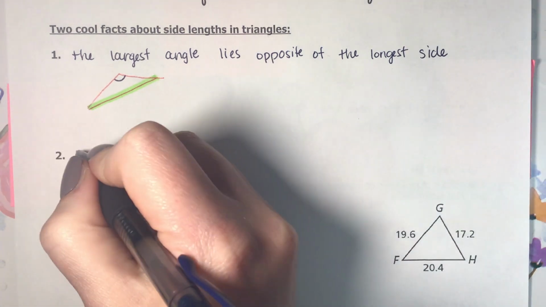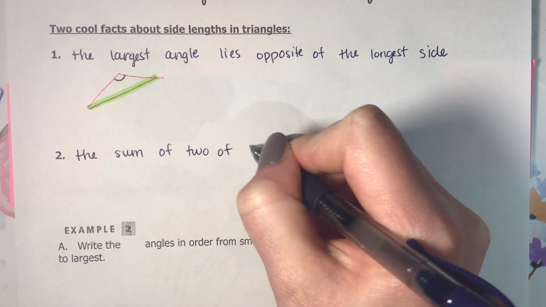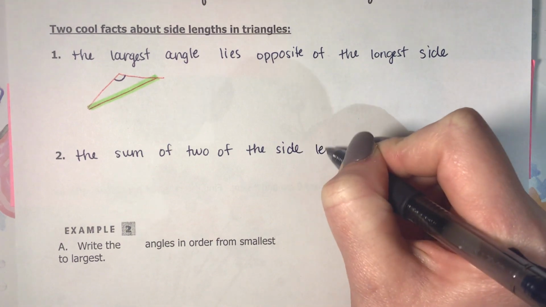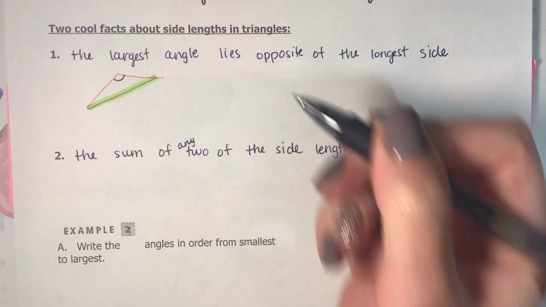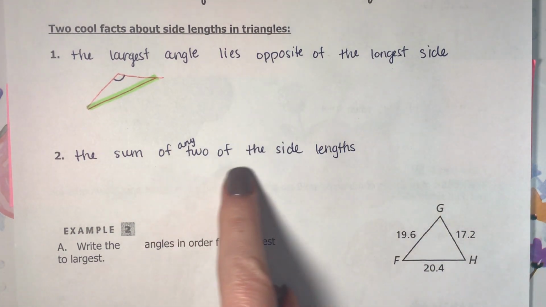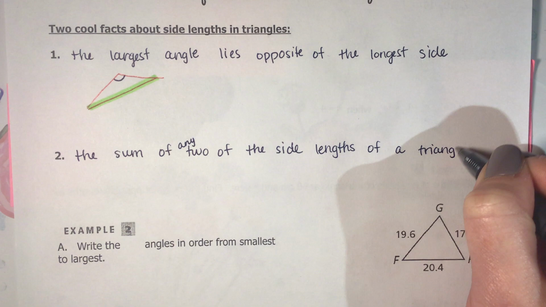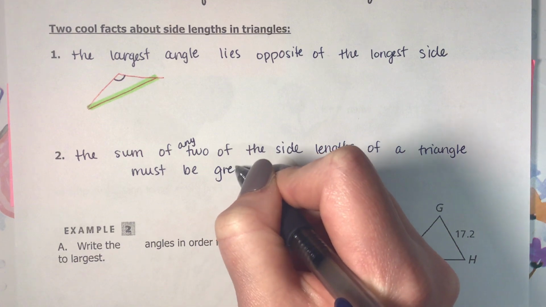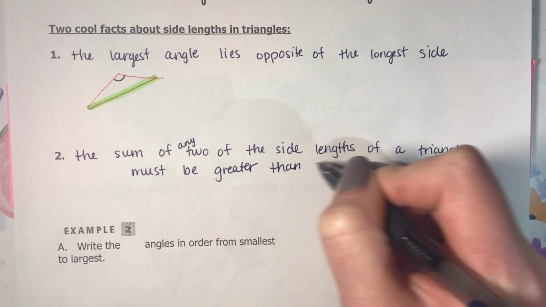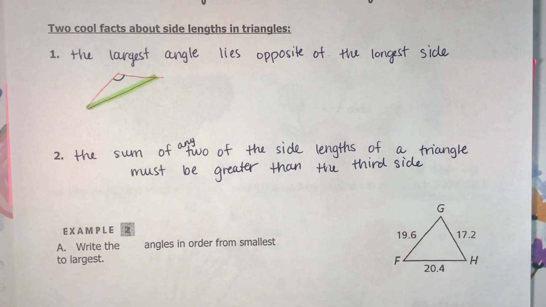And this is the sum of any two of the side lengths of a triangle must be greater than the third side. So let me show you why this is necessary.